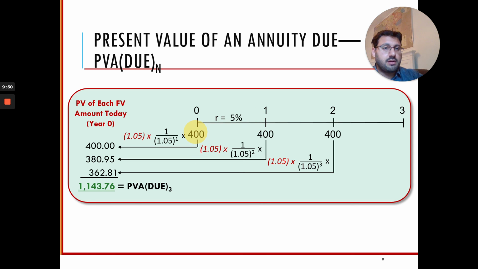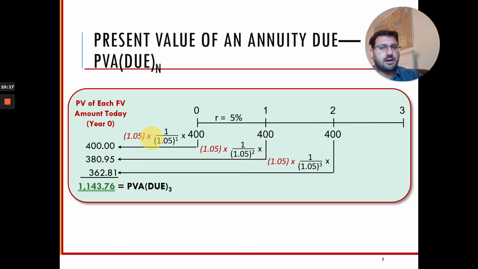So the first 400, what is the worth of the 400 which you will receive right away from that financial product? It's 400, because it has not been discounted back. So 400 divided by 1.05 raised to the power 1 multiplied by 1.05, so you cancel the denominator with the numerator.